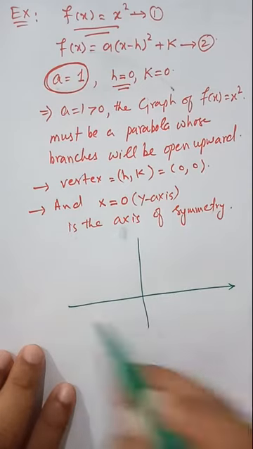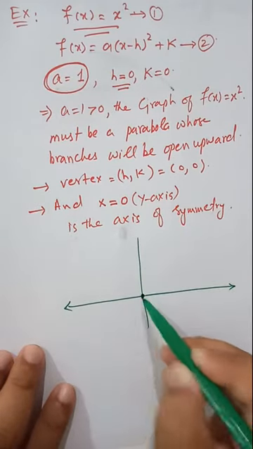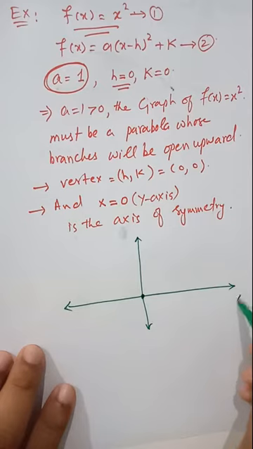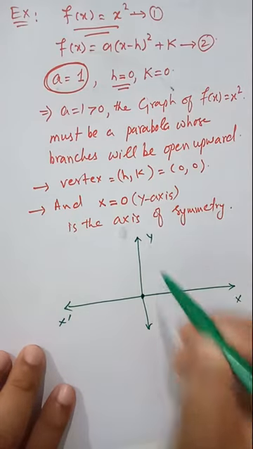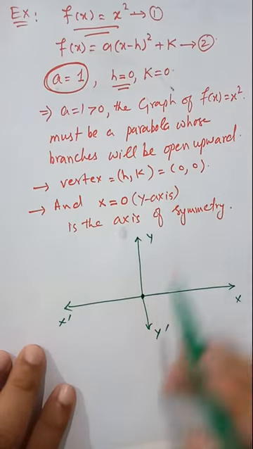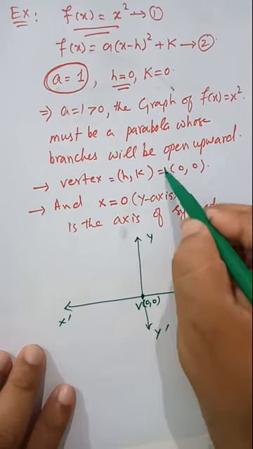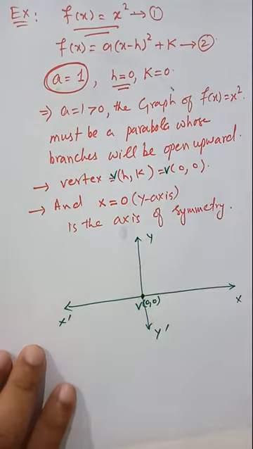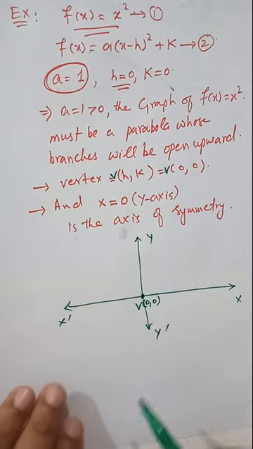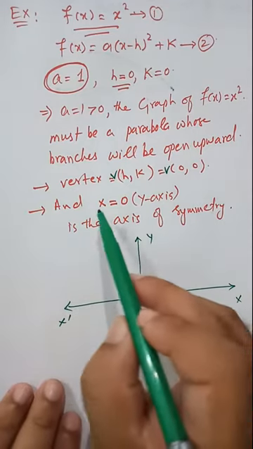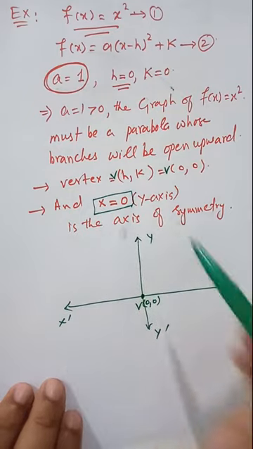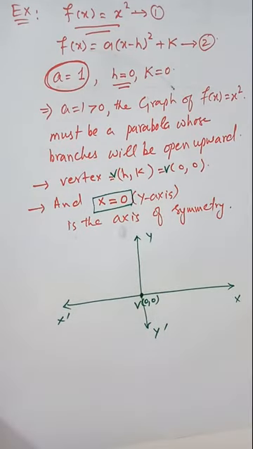Now this must be the vertex, you see from here 0, 0. So this is my vertex, let's say V. Okay, now then you need to find out the axis of symmetry of the parabola, meaning the axis of the parabola.